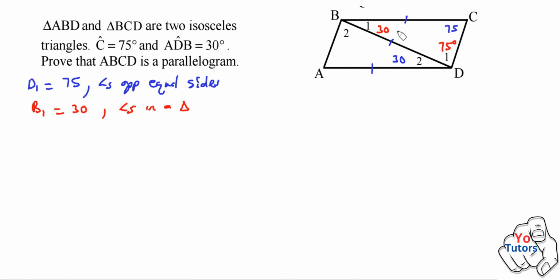Now, B1 is equal to D2. So we have proved that. We have proved that D1 is equal to D2. So what can we say now? If we have found that B1 is equal to D2, we have proved it. Therefore, BC should be parallel to AD.